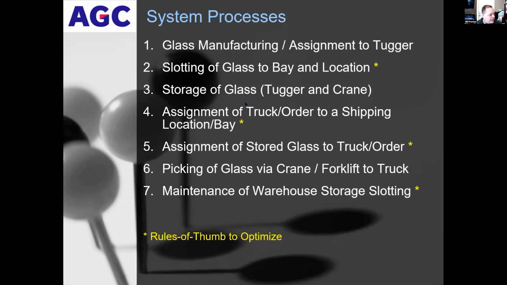Once it was stored, there were also trucks coming with orders that were assigned to a bay where they were going to load up with the glass. So there was an assignment of the truck order to a shipping location, and an assignment of that stored glass to a truck order. We'd ask, what glass do you want to pick based on a number of factors?